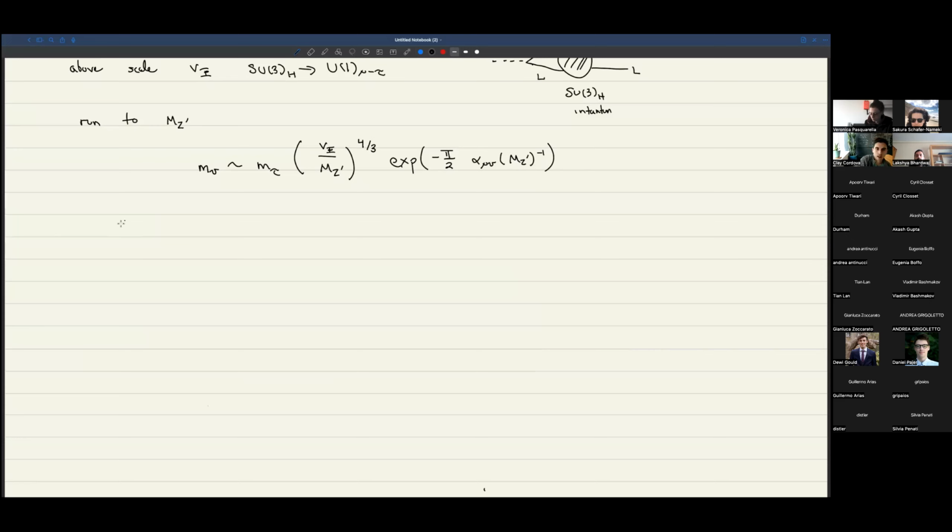So why did I write this formula? Well, it's a pretty tight relationship. So there are not very many parameters to tweak in this kind of model. In particular, if you're given m Z prime and alpha mu tau, these are the kinds of things you might try to measure if you discovered a Z prime gauge boson. So you would measure its mass and its coupling strength. And once you're given that, well, we already know the mass of the neutrino and the mass of the tau lepton.